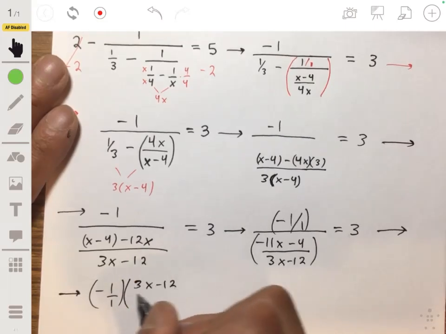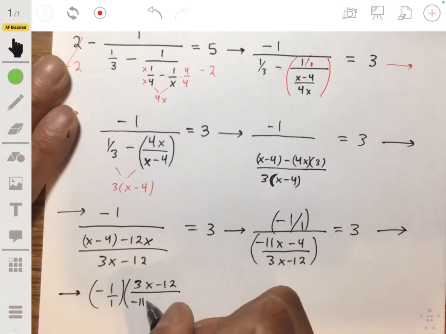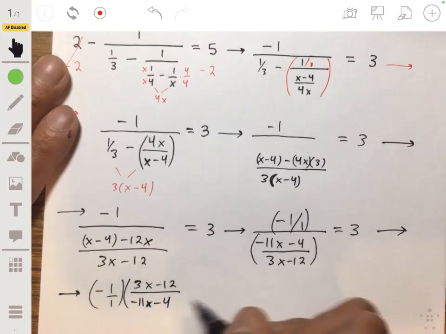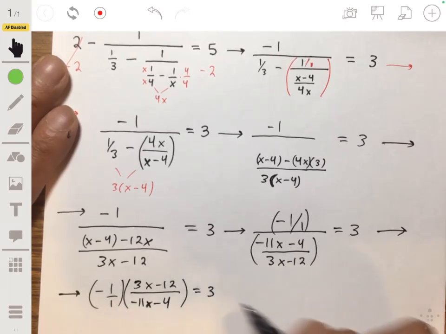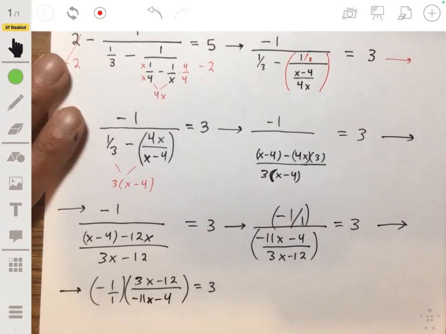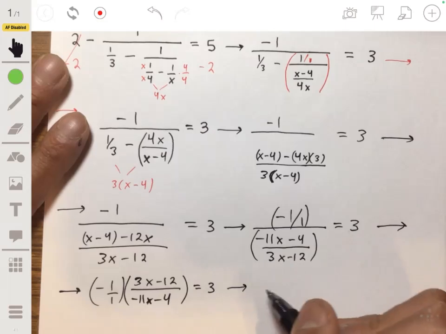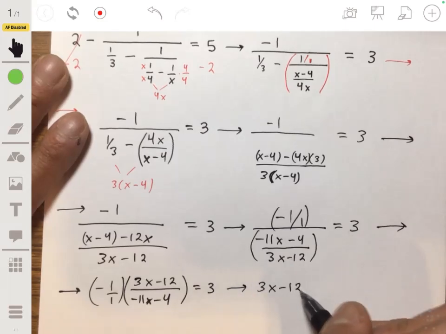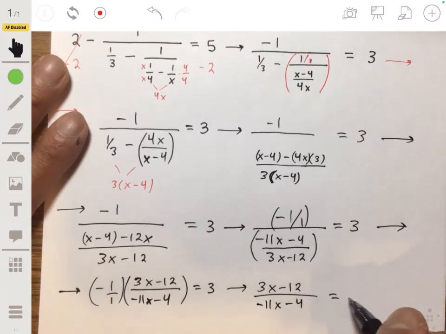That gives 3x minus 12 over -11x minus 4 is equal to 3. Now this negative symbol, we can just take care of it by multiplying the right side by negative. Now we're going to get 3x minus 12 all over negative 11x minus 4 equal to negative 3.